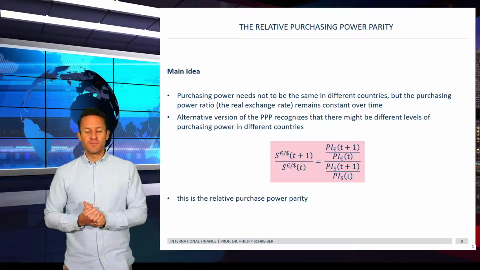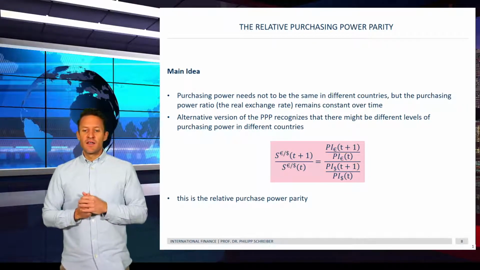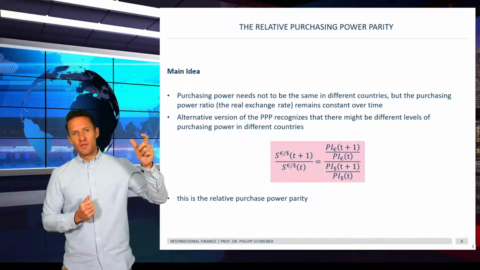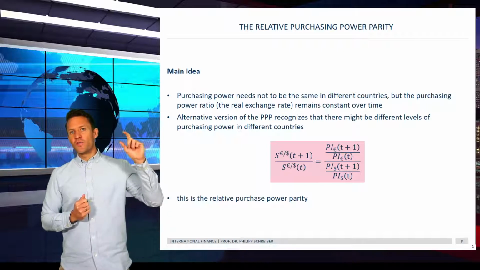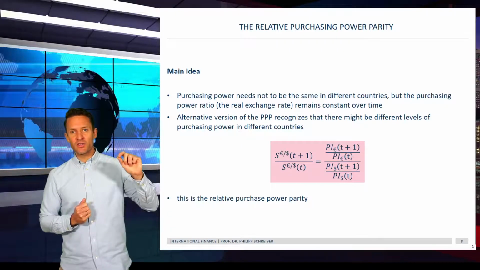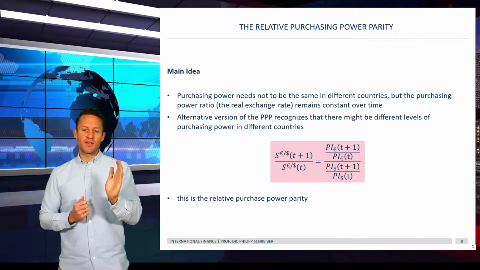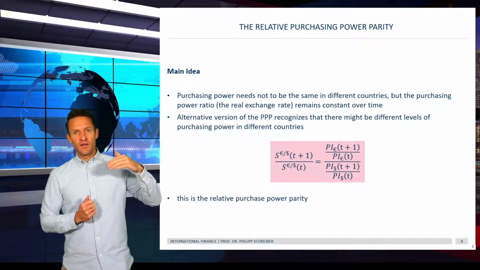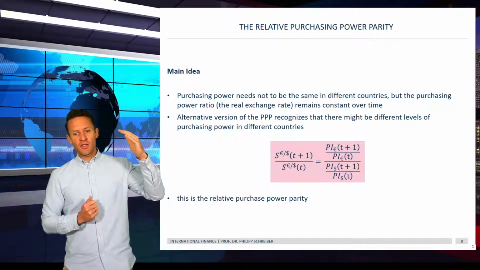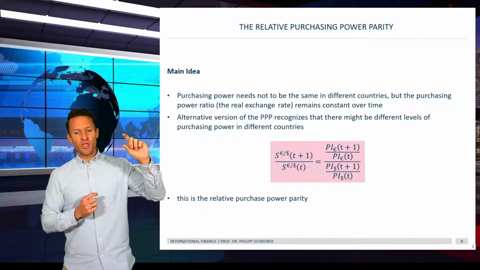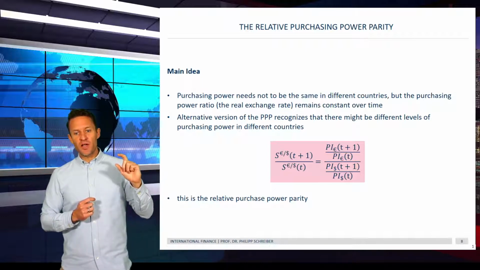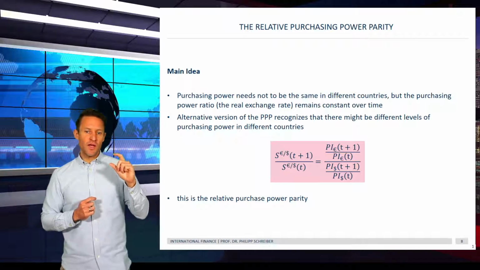The idea here is the relationship between the change in the price of the euro basket compared to the change in the price of the US basket, that's the right side of the equation. We have a double fraction here. The numerator of the big fraction is the change in the price of the euro basket, and the denominator of the big fraction is the change of the price of the US basket.